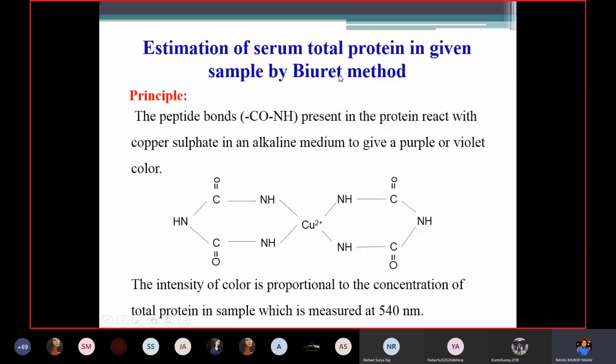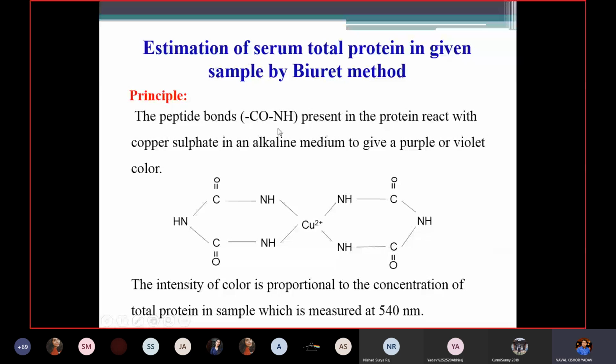So the name of the method you have to mention, and the principle like this. Peptide bonds present in the protein react with copper sulfate in alkaline medium to give purple or violet color. If you mention the structure, it shows how copper binds to the amino group of the peptide. The intensity of color is proportional to the concentration of total protein, measured at 540 nm. So this core principle you have to mention.